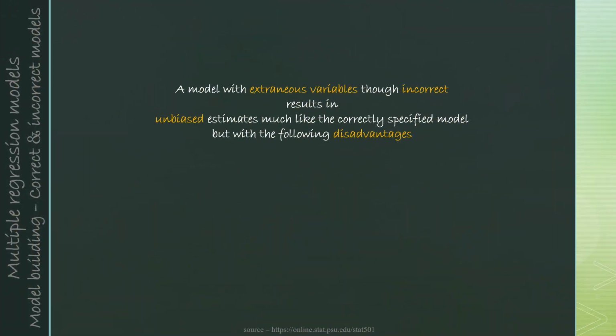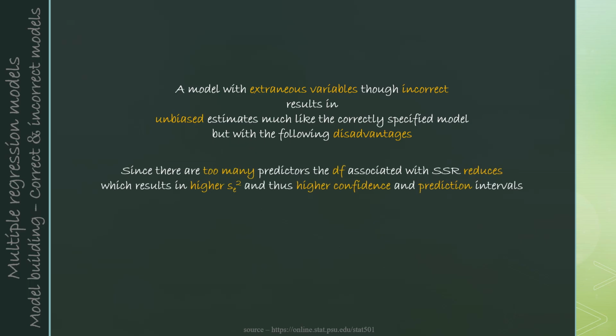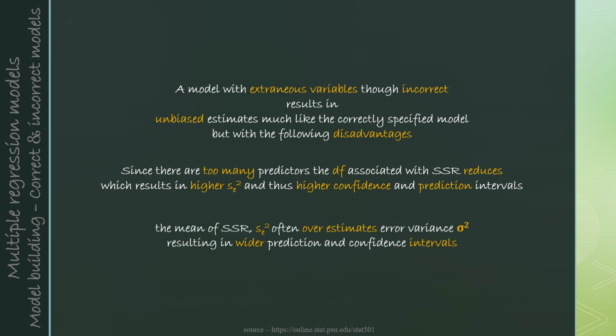A model with extraneous variables, though incorrect, results in unbiased estimates much like the correctly specified model, but with the following disadvantages. Since there are too many predictors, the degrees of freedom associated with SSR reduces, which results in higher SE square and thus higher confidence and prediction intervals. The mean of SSR, SE square, often overestimates the error variance sigma square, resulting in wider prediction and confidence intervals.